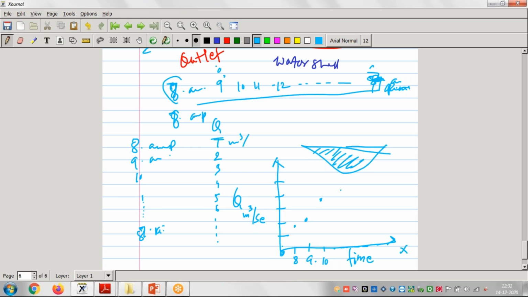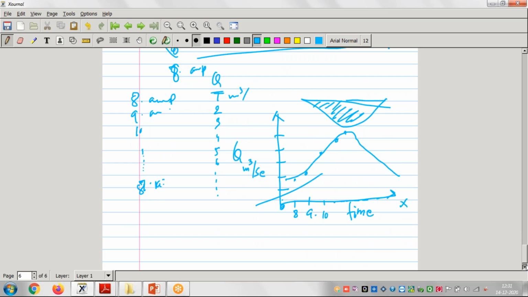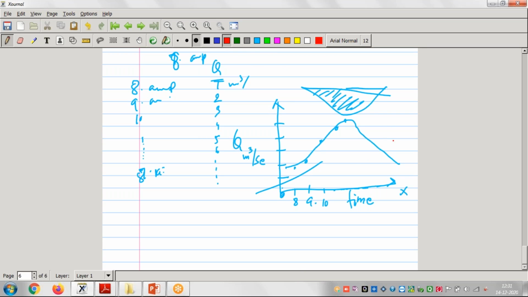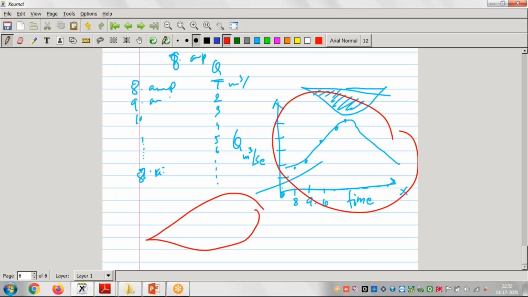So we will just join this graph and again it will come down. This graph will be called the hydrograph, right? This hydrograph will be for that particular river. See, this is the catchment and one river is flowing. So for this river, this is my hydrograph. Is this okay? Hydrograph is clear first. Please tell me hydrograph is clear.